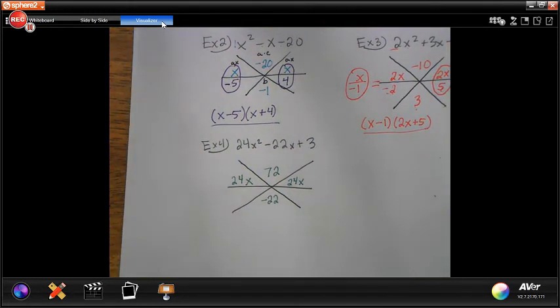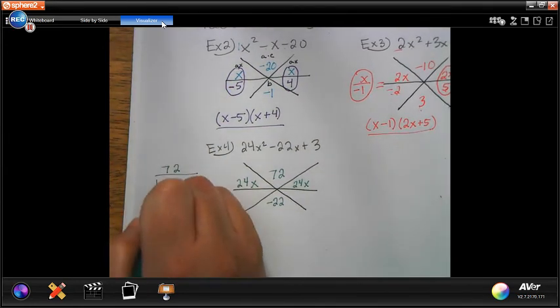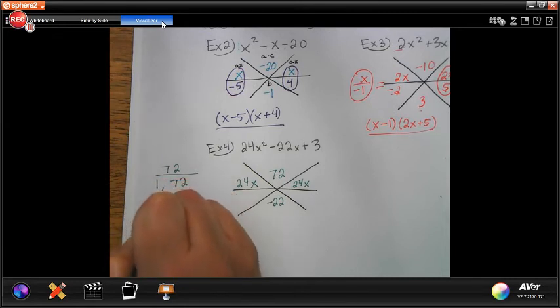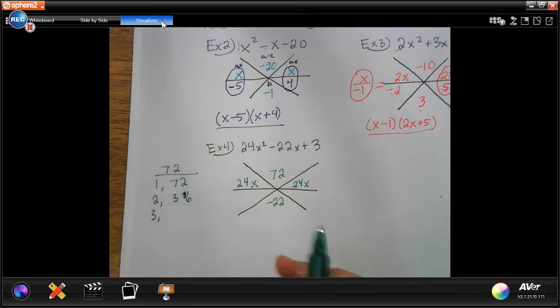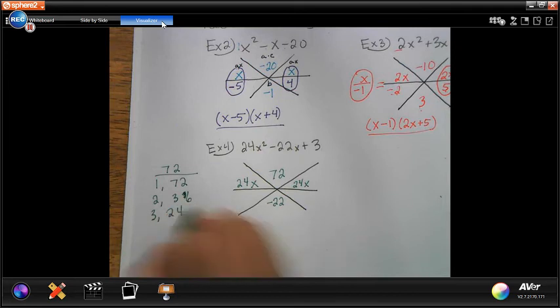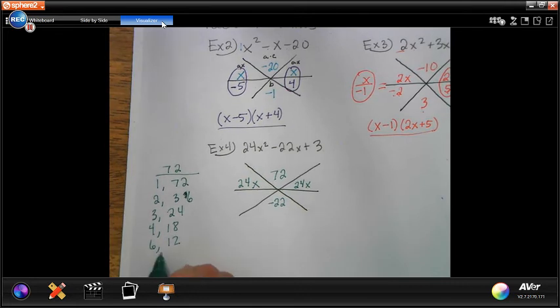So sometimes when you get numbers like that, you kind of have to look at all the possibilities. So we have 72: we have 1 and 72, 2 and 36, 3 and 24, obviously 4 and 18. 5 doesn't go into it. 6 goes into it 12 times. 7 doesn't go into 72. 8 times 9.